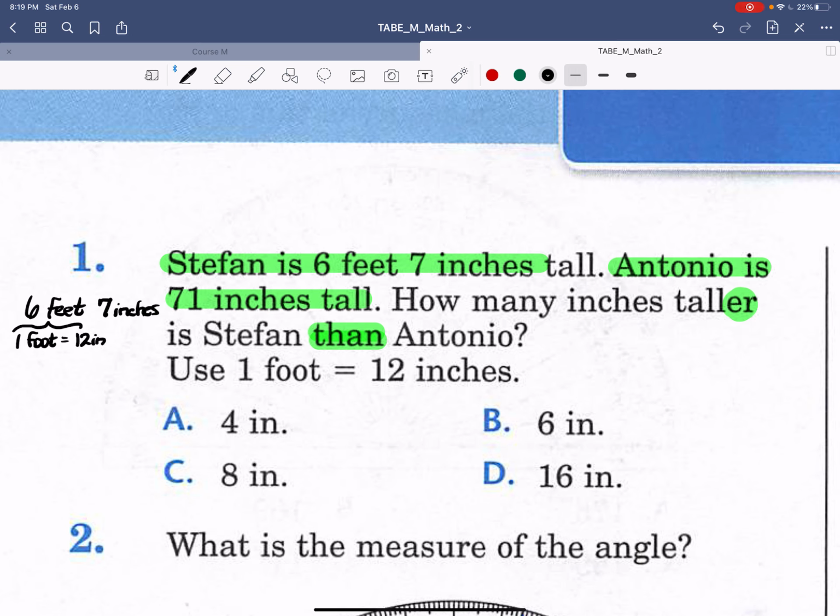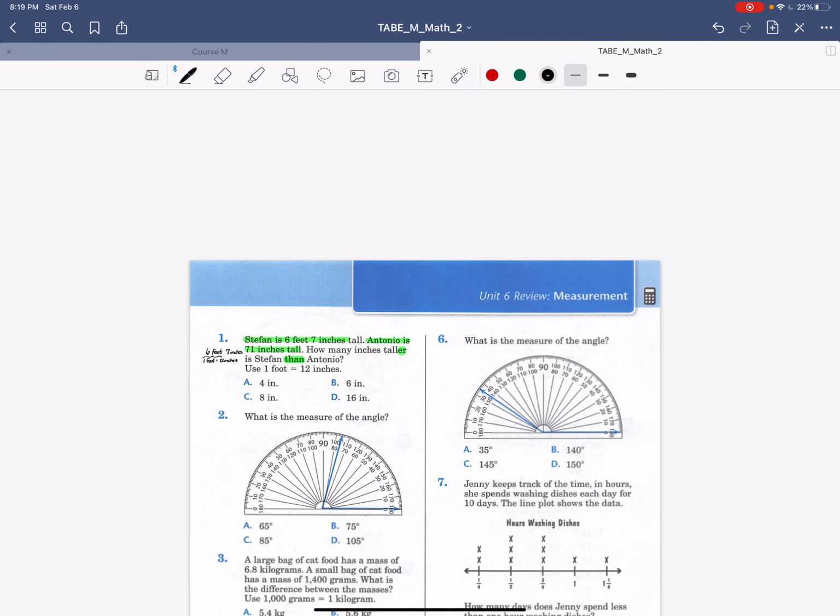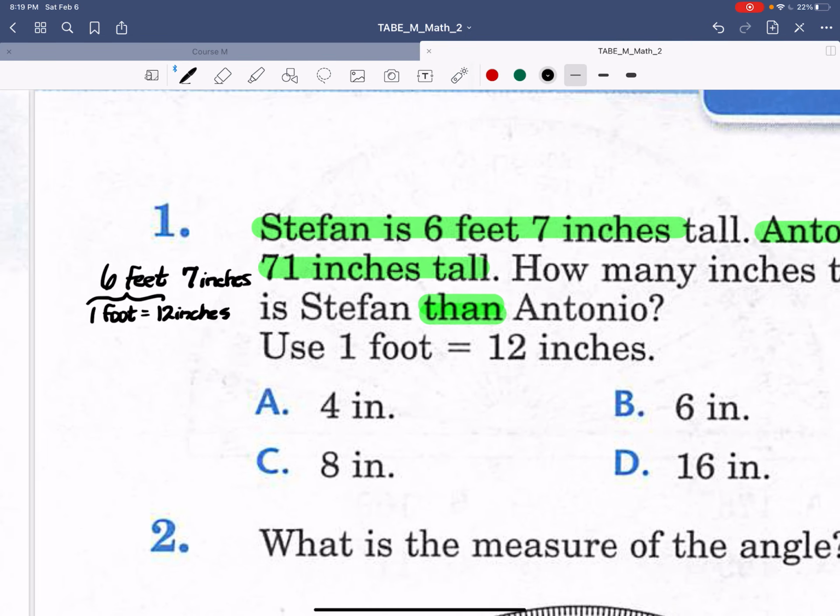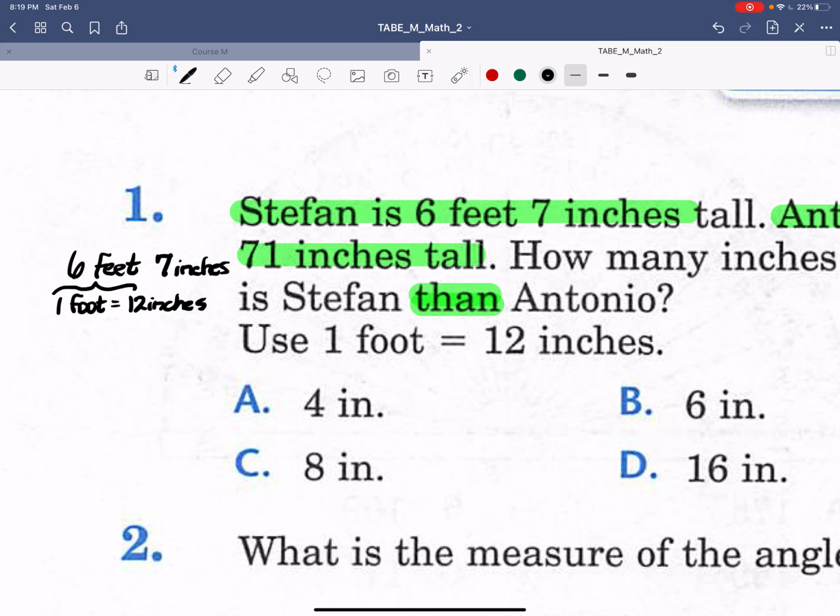So I'm going to say 6 times 12. You can use your calculator, yes, on this one. So 6 times 12 will give me 6 feet. That's 72 inches. So be careful. He's not an even 6 feet tall. He's 6 feet plus 7 inches. So he's actually 79 inches tall.